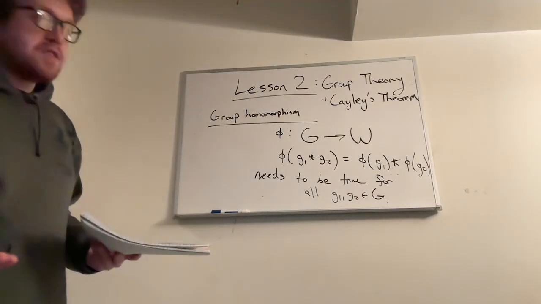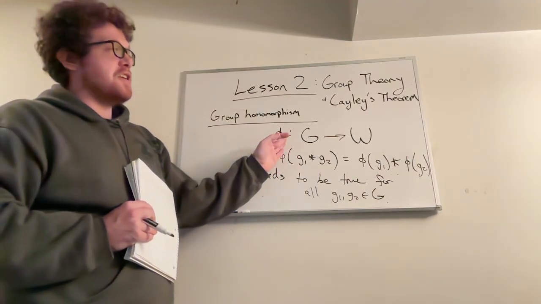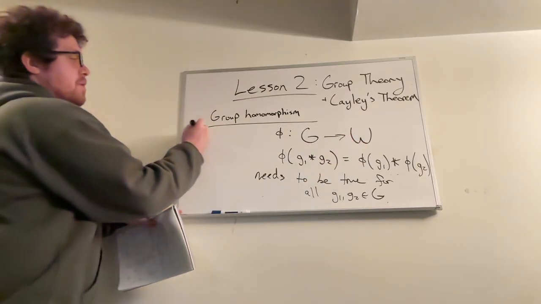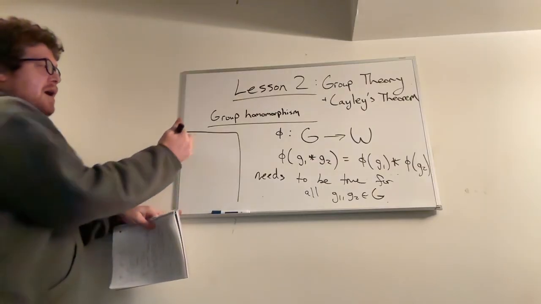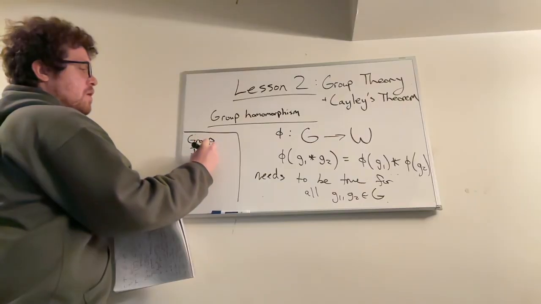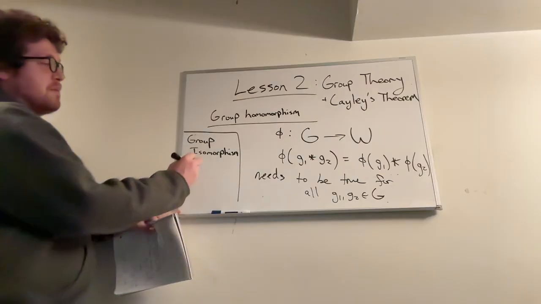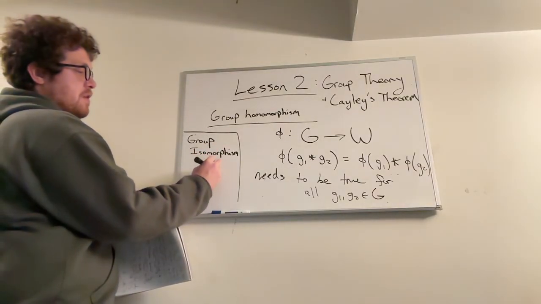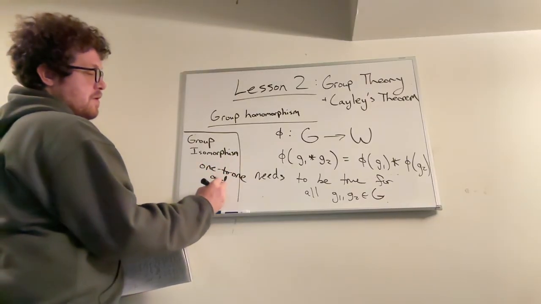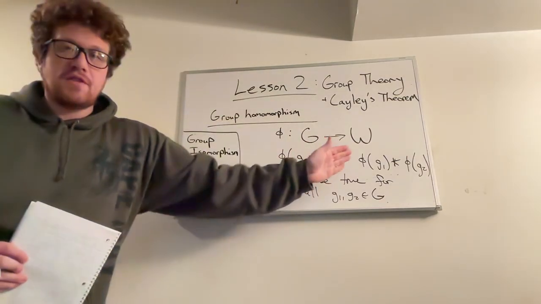And then an isomorphism is a special type of group homomorphism where you have this property, but in addition, you know that this map is also one-to-one and onto. So I'll just write that on the side real quickly so we don't have to rewrite everything. A group isomorphism is a group homomorphism, but in particular one-to-one and also onto. So you have a group homomorphism, which respects the products in the individual groups.